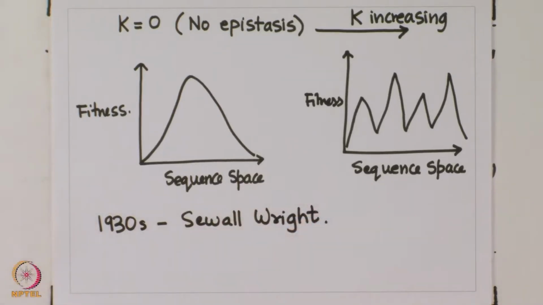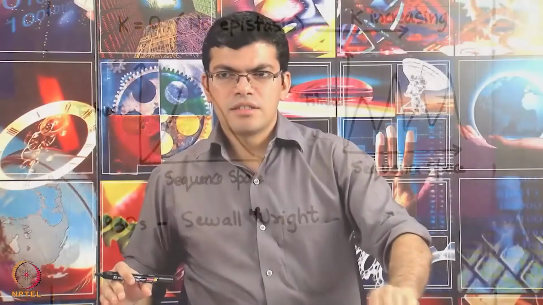And he had proposed this as a mathematical concept, and it's really in the last few decades that experimentation has gotten to such a degree of sophistication that allows us to capture the structure of these fitness landscapes experimentally. Let's continue our discussion on these binary sequences, because these help clarify ideas about fitness landscapes and give us some very useful insights into what could happen when populations are moving on these landscapes.